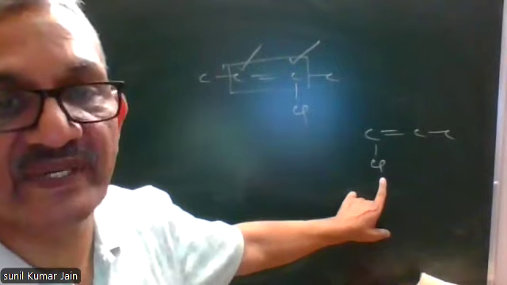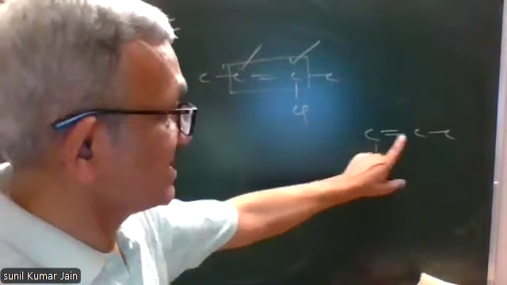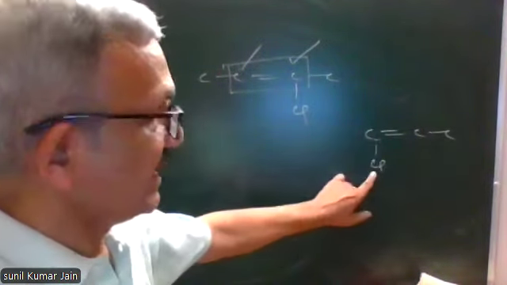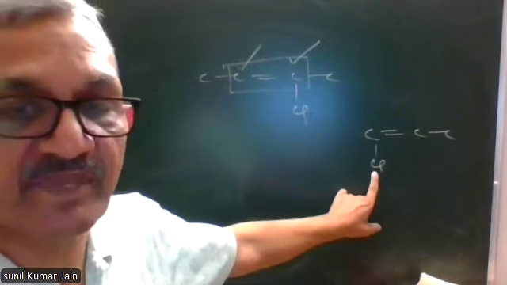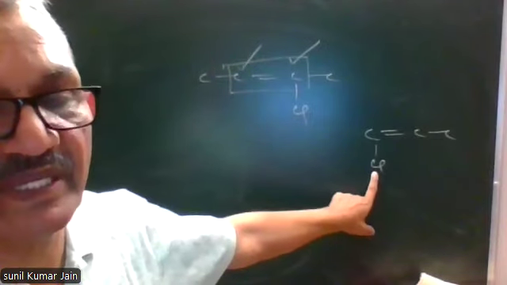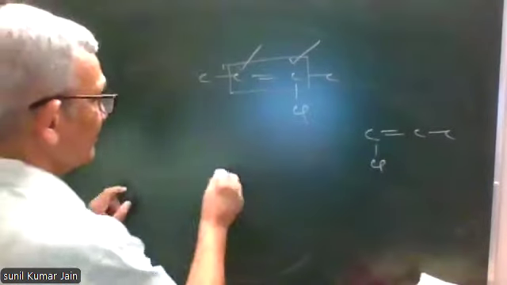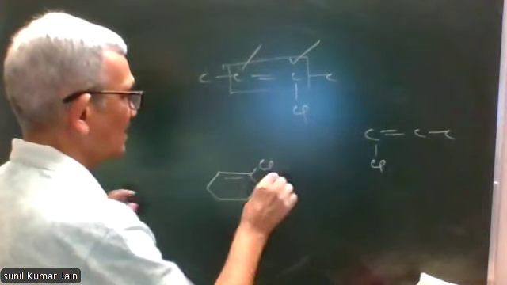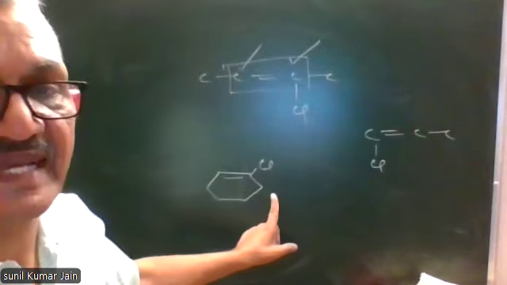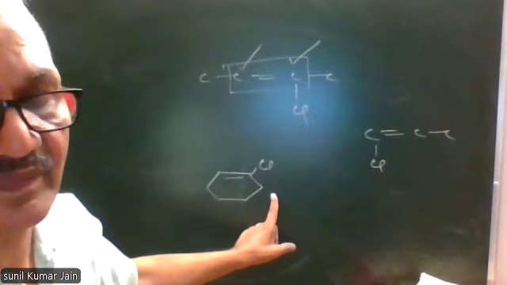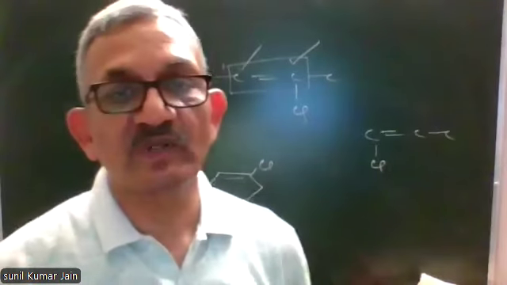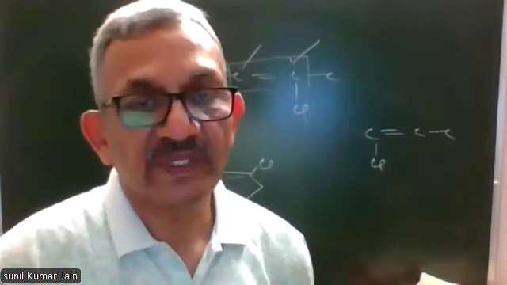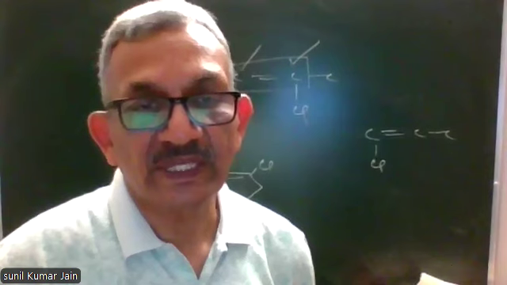This is primary vinylic halide because these are two vinylic carbon atoms and halogen is bonded to primary vinylic carbon atom. This is primary vinylic halide. This is secondary vinylic halide, right? So that was about classification of organic halides.